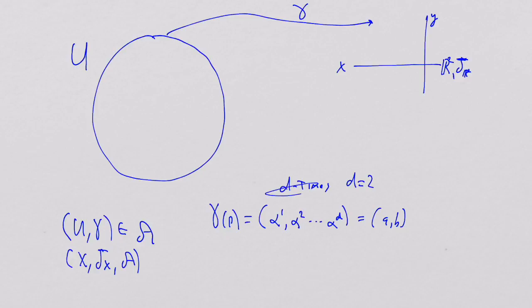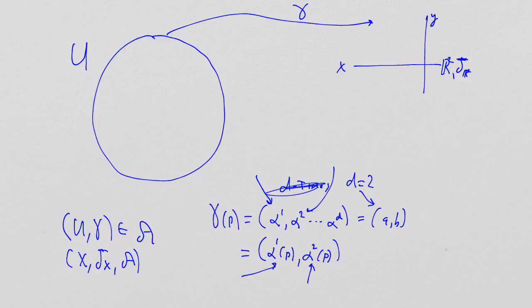But these entries are actually functions of P. I should probably think of it this way: alpha 1 of P, where alpha 1 is a function, and alpha 2 of P, where alpha 2 is a function. And now I have what are called coordinate functions.